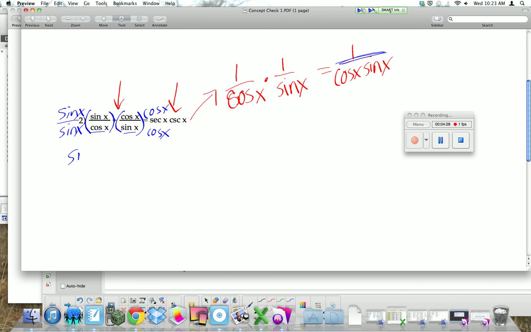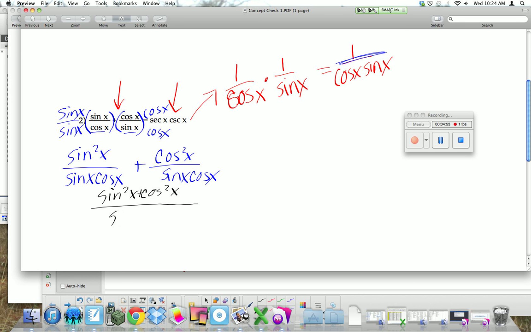On the top I get sine squared of x over sine cosine. That's the first fraction. The second fraction I get cosine squared of x over sine cosine. Now I'm ready to put the fractions together. So these fractions will really just be sine squared plus cosine squared, all over sine cosine.